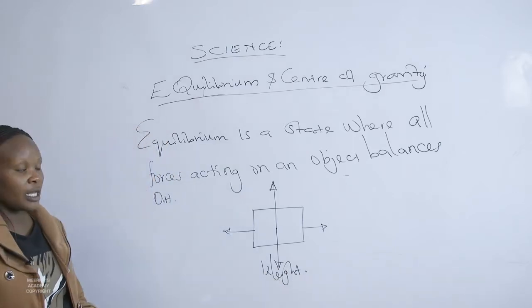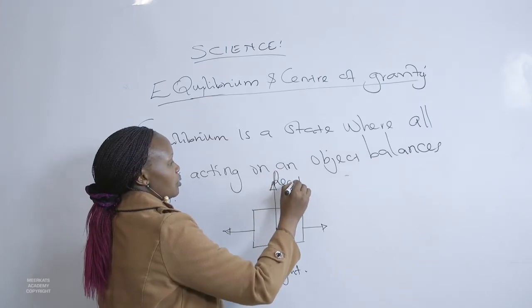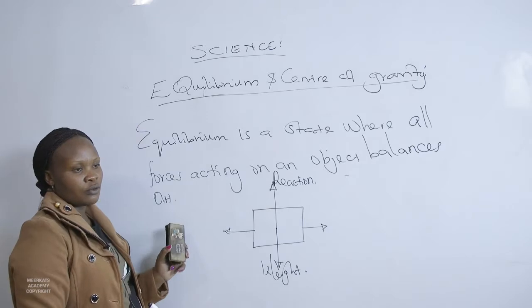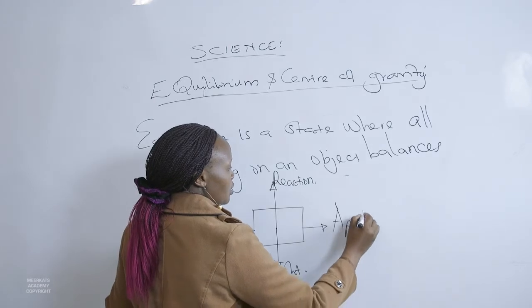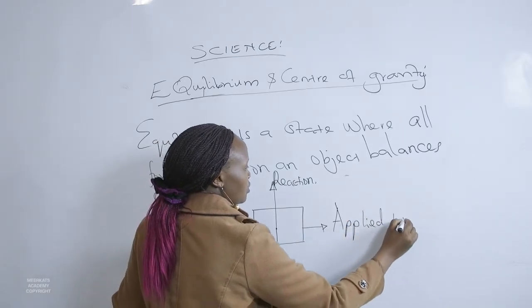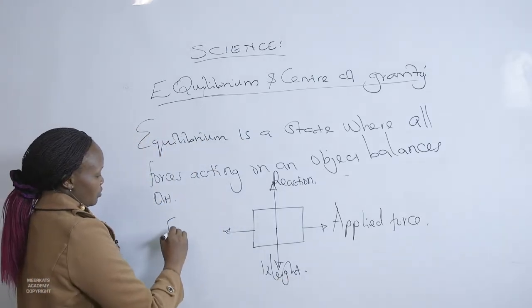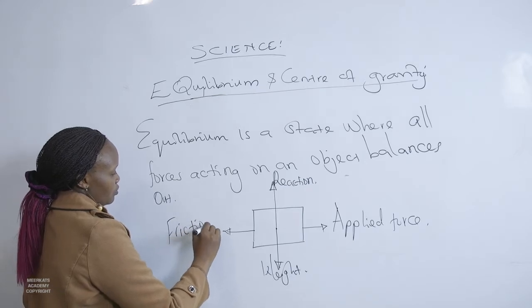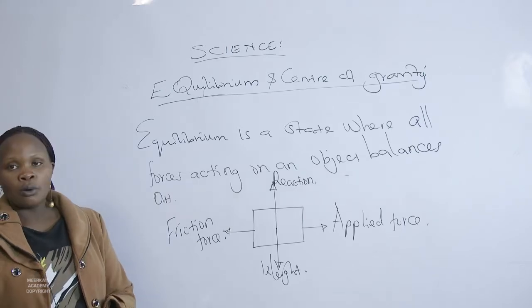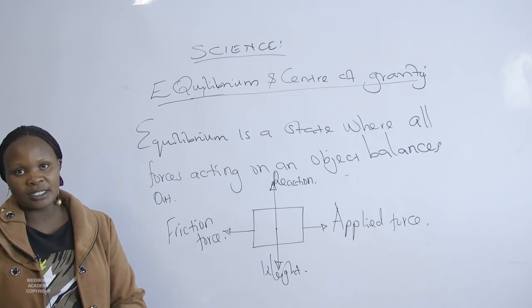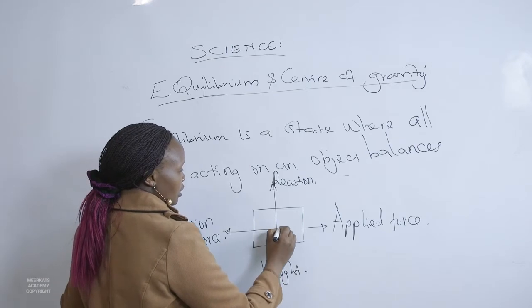Weight in itself is a force. It is going to be counteracted by the reaction of the bench, the reaction force. Then we will have the applied force, and that one is equally opposed by the friction force. Now, when the four forces balance each other, that is where we can say we have realized equilibrium.